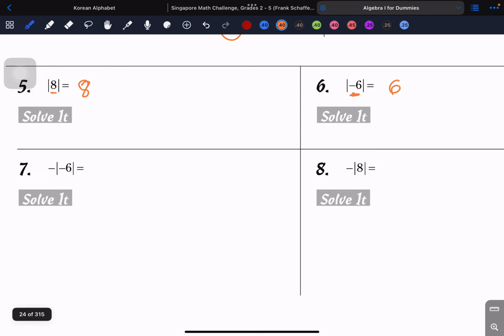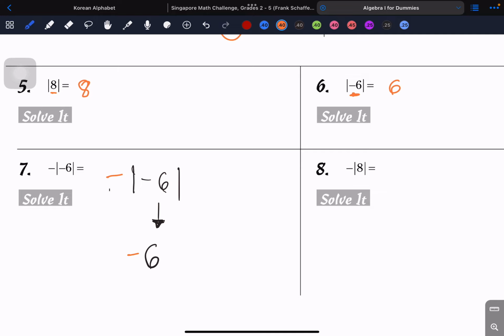Next, you have negative the absolute value of negative 6. We know that the absolute value of negative 6 is 6, but there's still a negative sign outside of your absolute value.